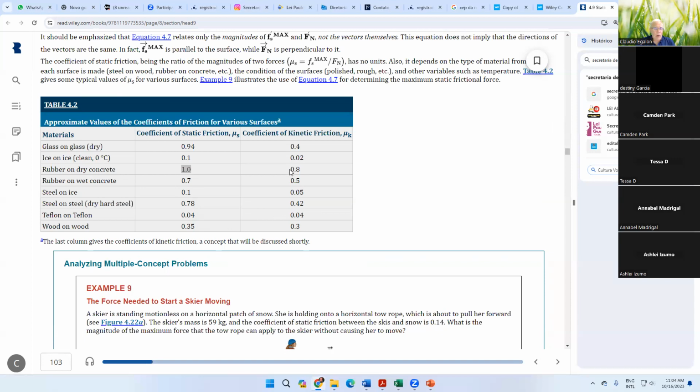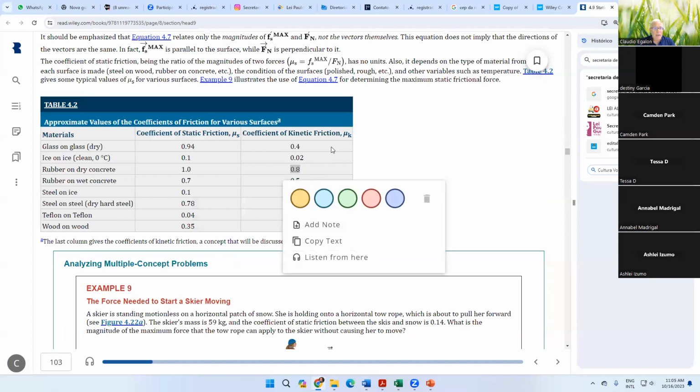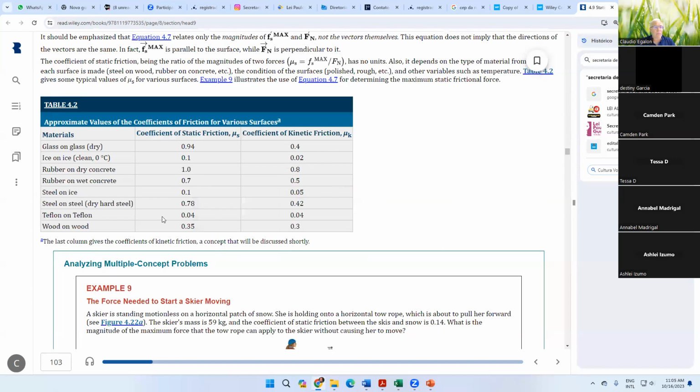If the tire of your car is not at rest with respect to the concrete, the coefficient of friction is less, it's 20% less. If the concrete is wet, the coefficient of static friction decreases by 30%, and so on, okay?